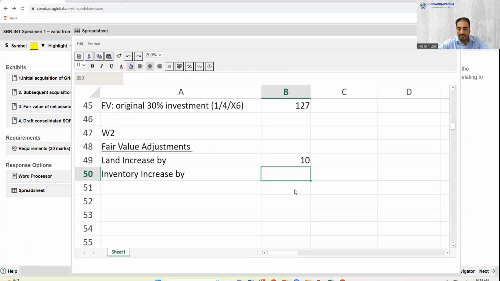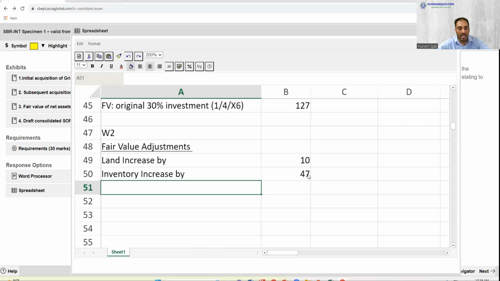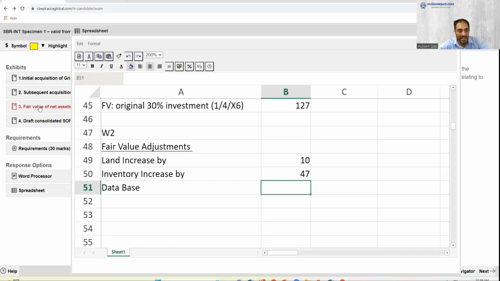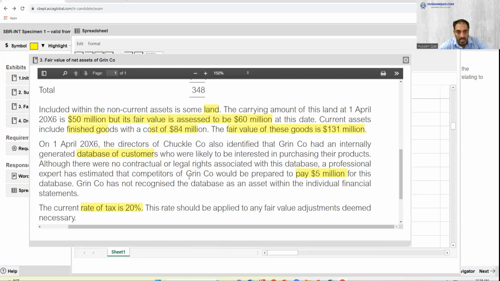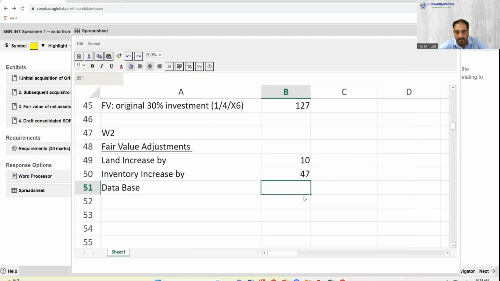That's 47. Inventory increased by this. Then database value 5 million.